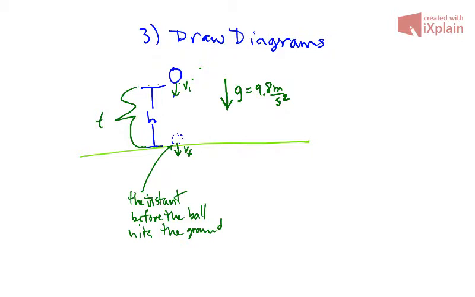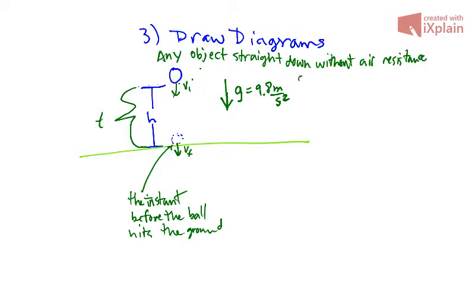So basically with this, I've drawn a diagram that works for any falling object. Any object falling straight down, without air resistance, can use this diagram. So if you have a physical situation that you're trying to describe, it will make it much easier for you to communicate your ideas if you also include a diagram.